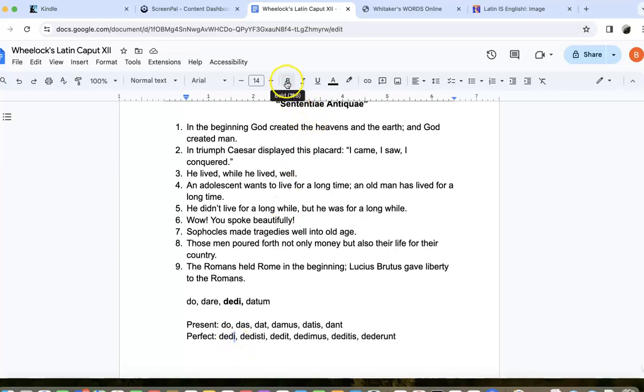If I just put these in bold, again, I do not have the macrons on this, but the accent marks, I think we can add those in our imagination. So there we go: -isti, -it, -imus, -istis, and then -erunt.